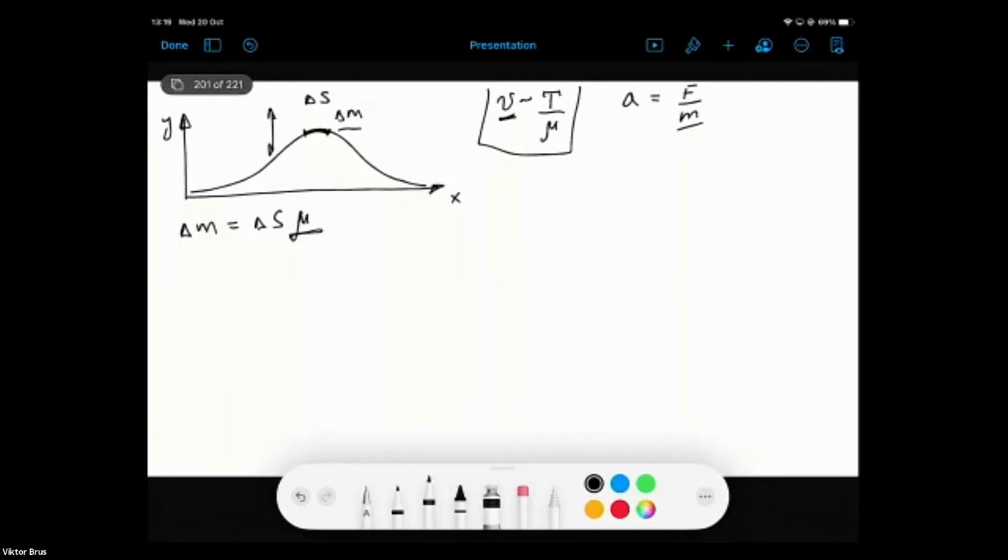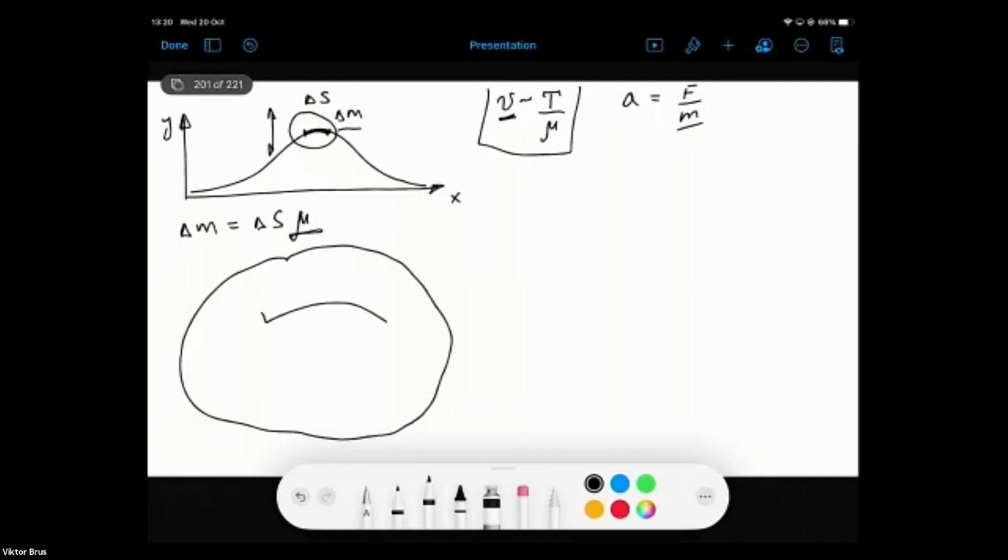So let us look closer at this string element. We scale it up. Here is our string element with some curvature.